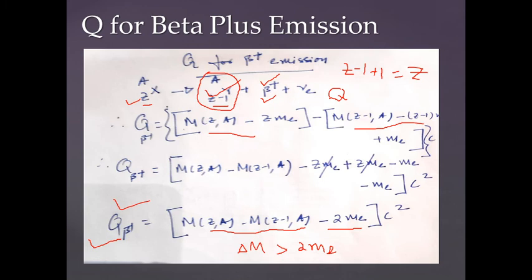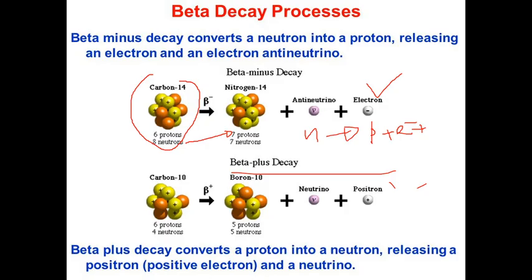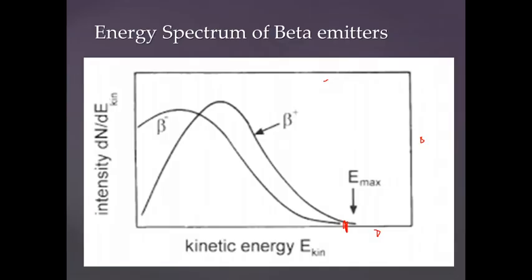That was a mystery which people tried to explain using emission of photons and energy being absorbed by the atomic electrons, which failed. We'll see in subsequent lectures, maybe after 2 lectures or so, how this was explained. This is one of the biggest problems solved in nuclear physics, to explain the continuous nature of the beta spectrum.